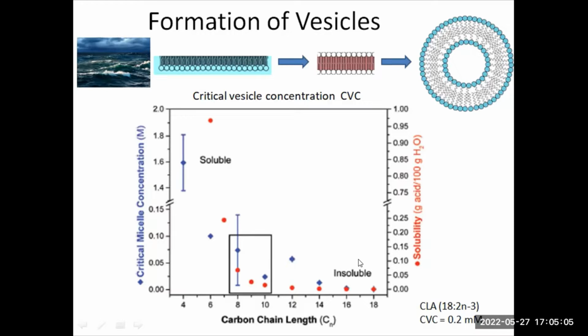When we're at 18 carbon atoms in the conjugated linolenic acid, we need only 0.2 millimolar. So here at about 4 or 5, we require about 1.8 molar. And this is 0.2 millimolar.